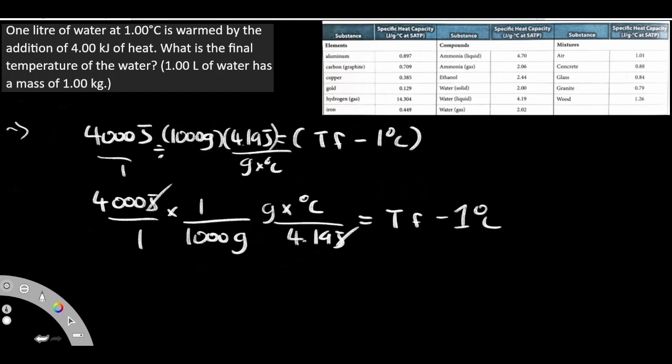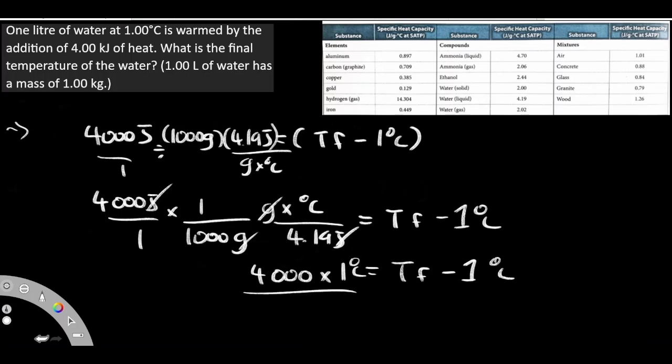This here is diagonal with this one, so they cancel out. And then you're just left with your TF minus 1 degree Celsius equals 4,000 times 1 times our degree Celsius, all over 1,000 times 4.19 and times 1, but you don't have to add it there if you don't want to.